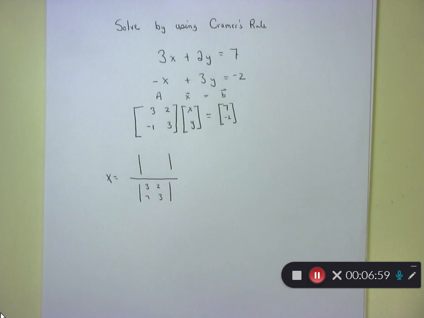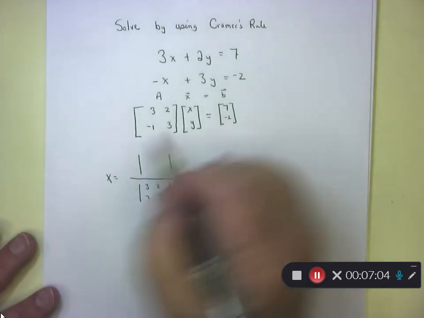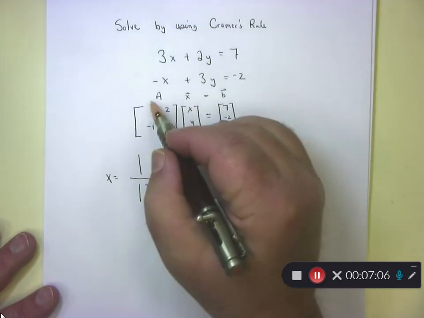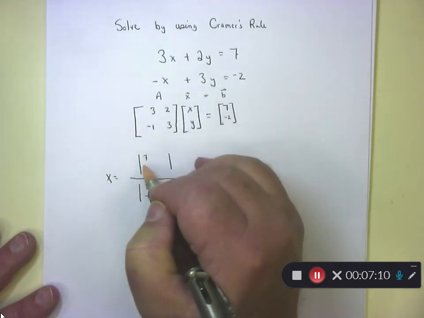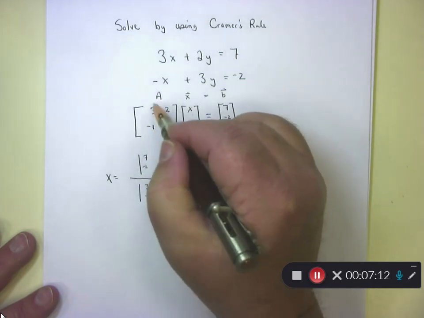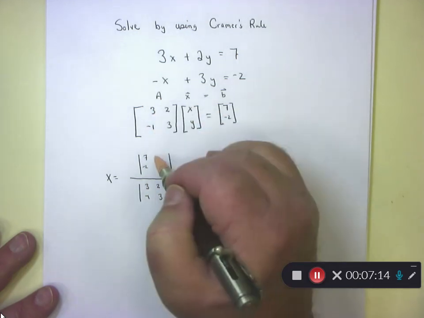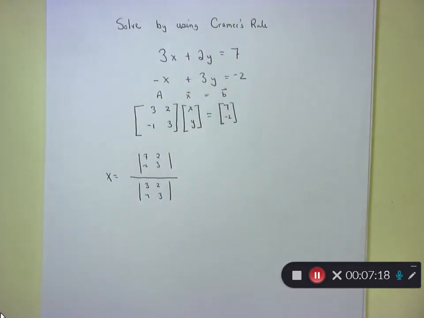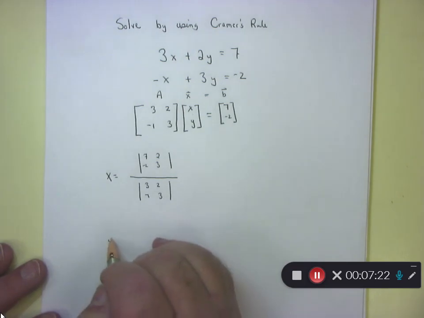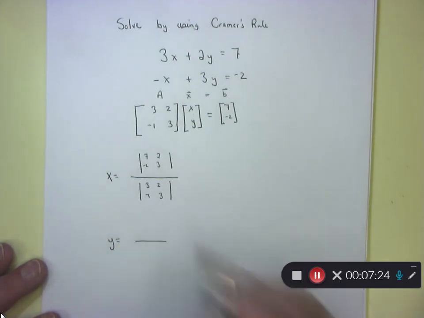And what about the numerator matrix? Because this is x, or the first variable, you're going to replace the first column with the B column. So that would be 7, negative 2, that goes in the position of the first column of the A matrix, and the second column is just the rest of the A matrix there.